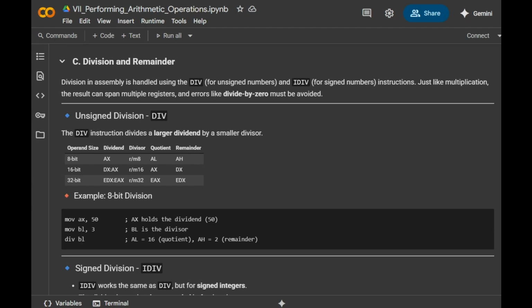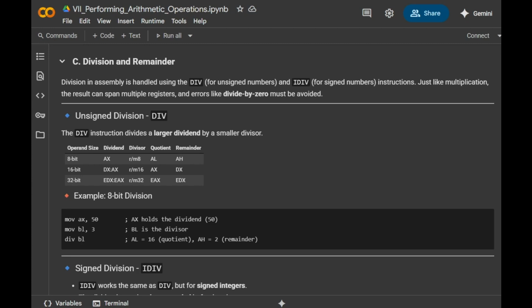For an 8-bit division, the 16-bit dividend is in AX, and after dividing by an 8-bit operand, the quotient is stored in AL and the remainder in AH. For a 16-bit division, the 32-bit dividend is in the DX:AX pair, and the quotient and remainder are stored in AX and DX respectively.